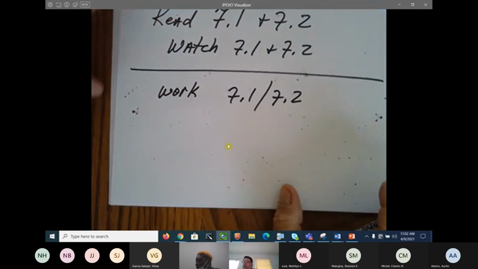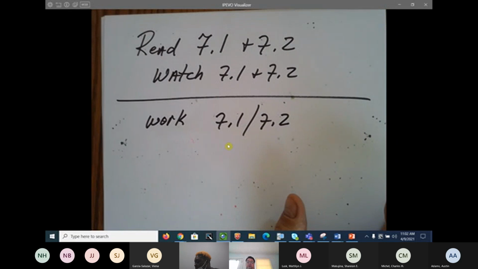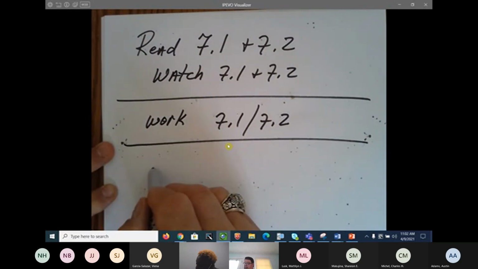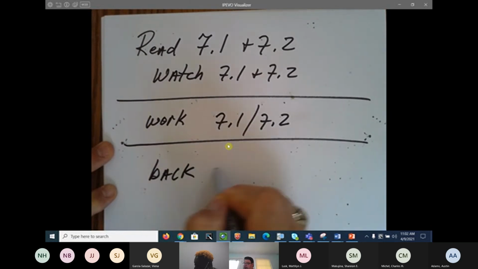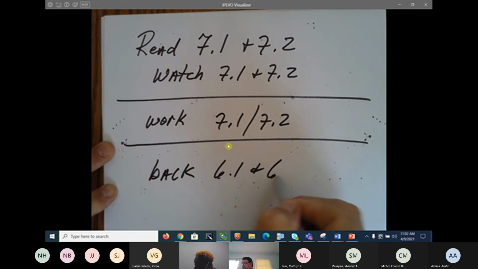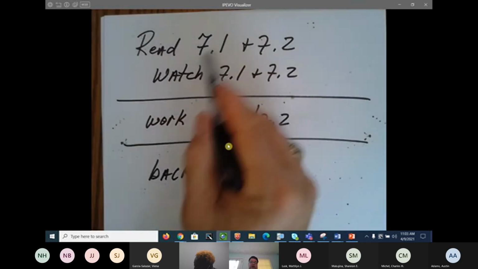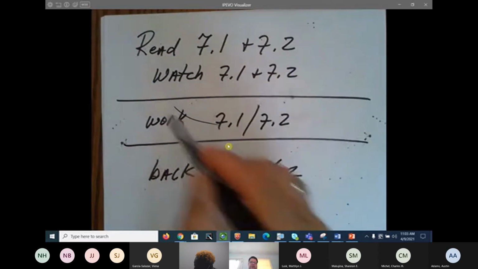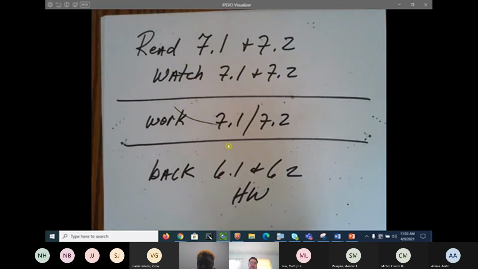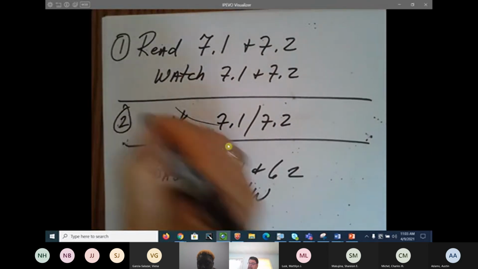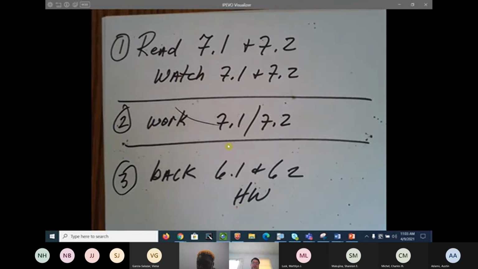And when you start doing problems you have no idea about, don't just stop. Then, if you've done that, I want you to go back and work on 6.1 and 6.2 homework. Why? Because you need to start getting this in your brain housing group. The 7.1 and 7.2, you need to start getting that in your brain housing group. So this is first, this is second, and this is third. All right. Y'all have a good weekend, and I will see y'all Monday.